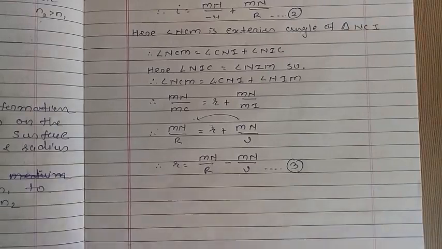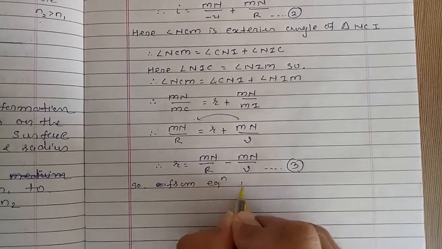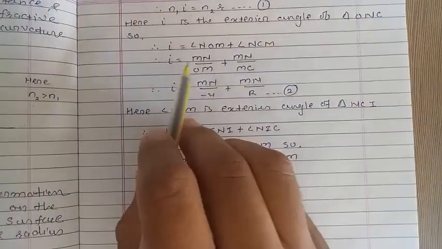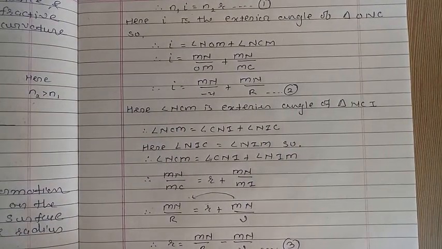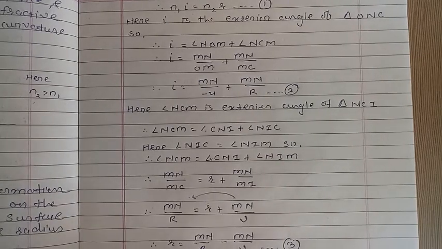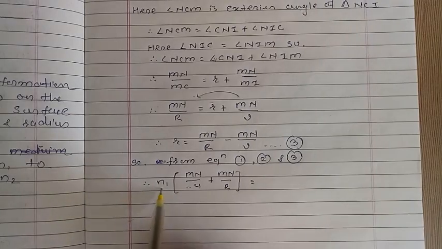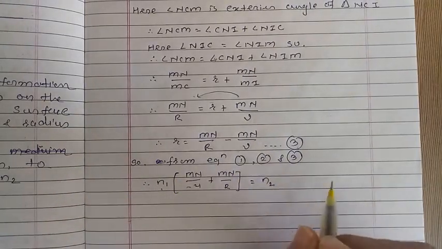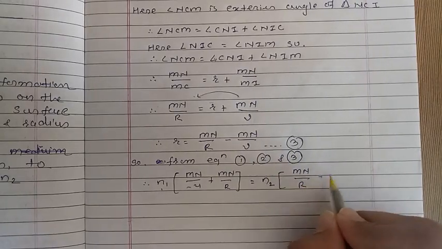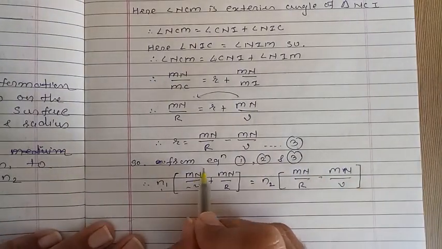So from equations 1, 2 and 3 we get N1 I, and the value of I is MN upon minus U plus MN upon R. So here I put the values: N1 times the value of I, and N2 times the value of R. The value of R is MN upon R minus MN upon V. Here MN is cancelled.